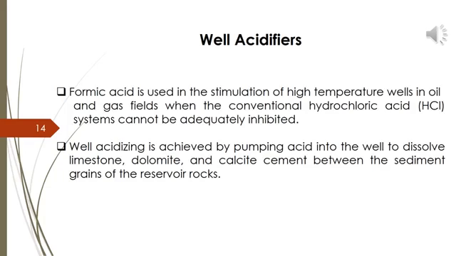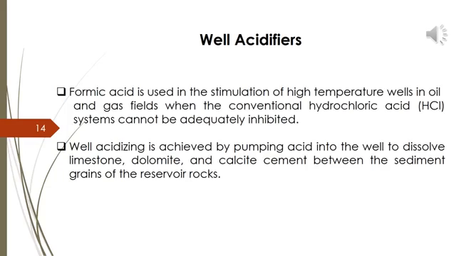When hydrochloric acid systems are not adequately inhibited in the wells from where the oil and gas are being extracted, but high temperature is to be stimulated or maintained, for those cases formic acid is used.